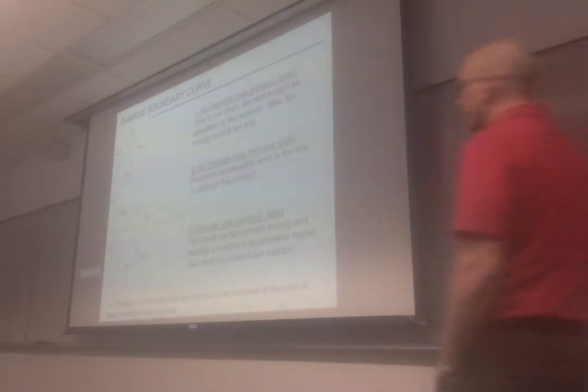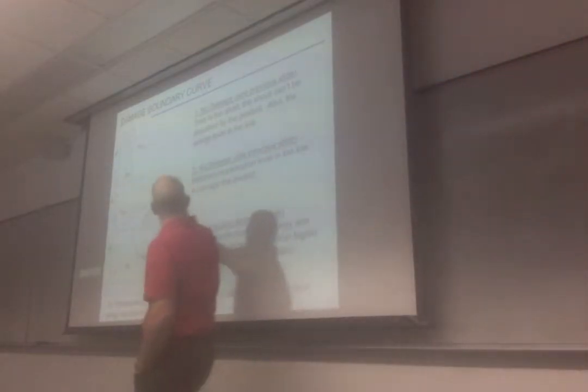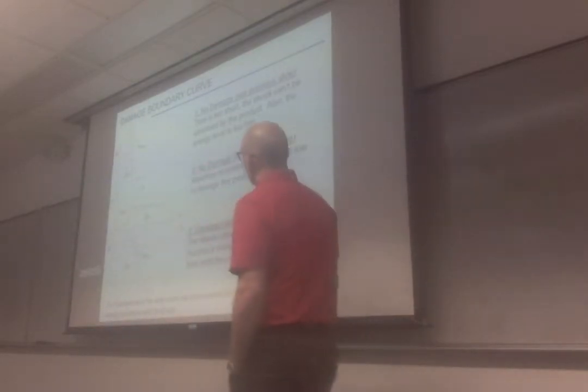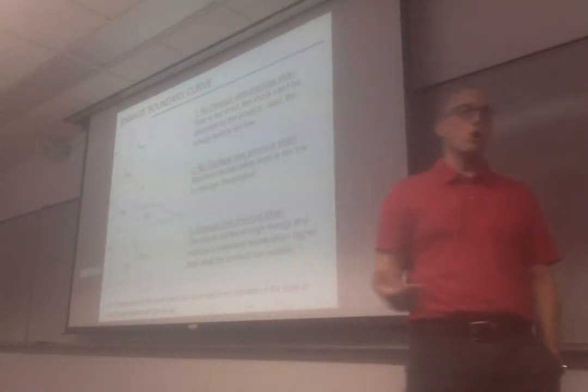So, area under the curve is the velocity change, and that corresponds to the energy of that impact. Point 2 is right here at the bottom. You have a very large velocity change, but a very limited acceleration, so you have a pretty flat profile like this. In here, there's plenty of energy, a very large area, but the acceleration is just too low for the product to be damaged.